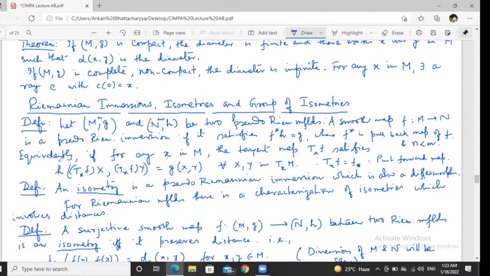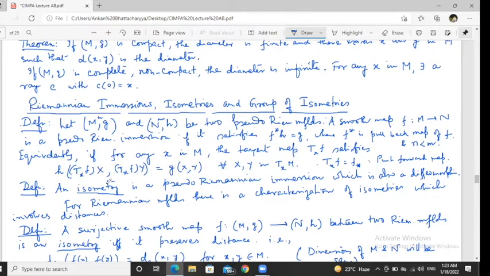Equivalently, we can write it in this form also. For any x in M, the tangent map T_xF satisfies h(T_xF(x), T_xF(y)) equal to g_x(x, y).